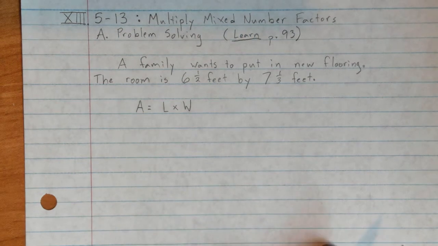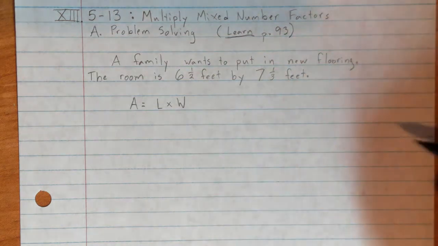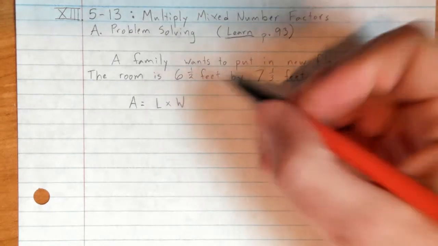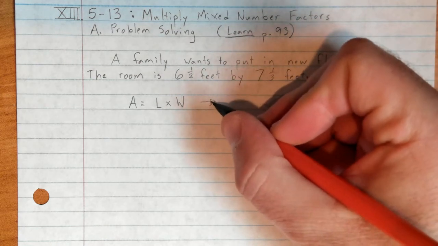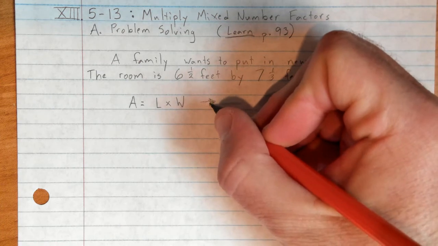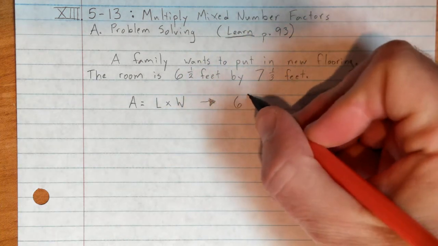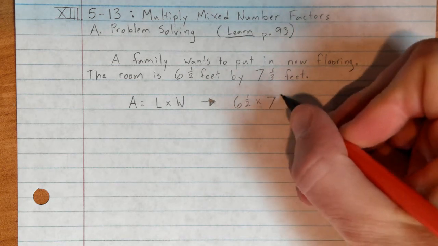Maybe I draw out a rectangle, do the whole thing, but I don't have to do that right this second. I can just say 6 1/2 times 7 1/3.